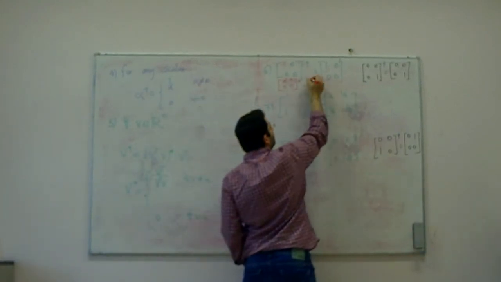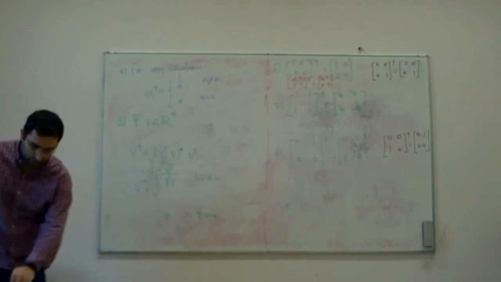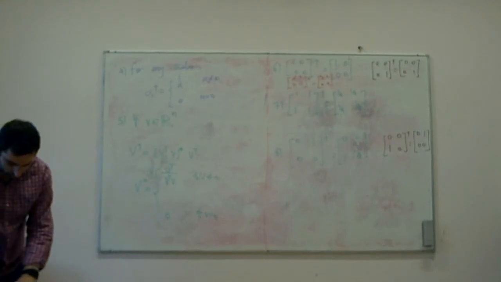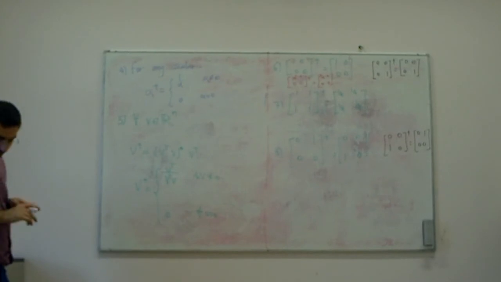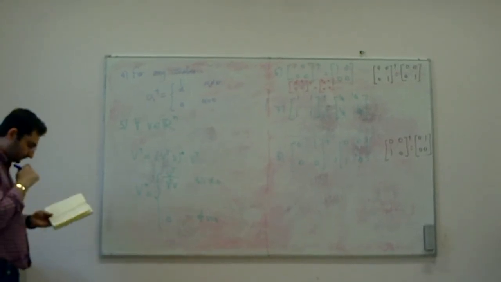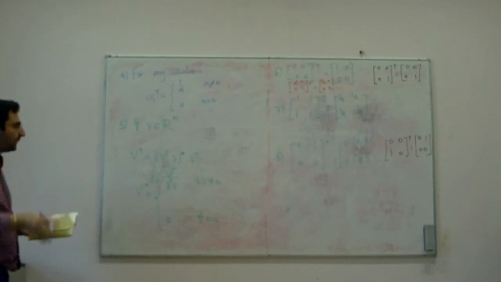One over alpha, 0, 0, 0. Theorem. This is actually not a theorem which we need to prove.